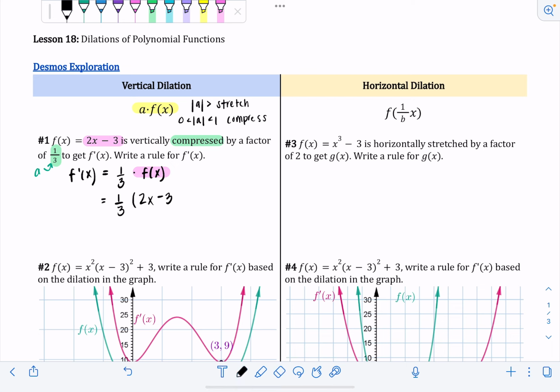So I'd use parentheses, and then I would just go ahead and distribute the 1/3 in. So f prime of x is equal to 1/3 times 2x, so that would be 2/3 x. And then 1/3 times -3, so -1. So f prime of x is equal to 2/3 x minus 1.